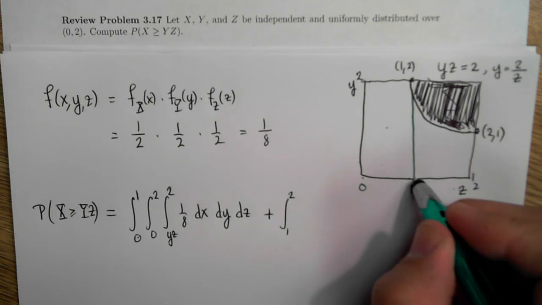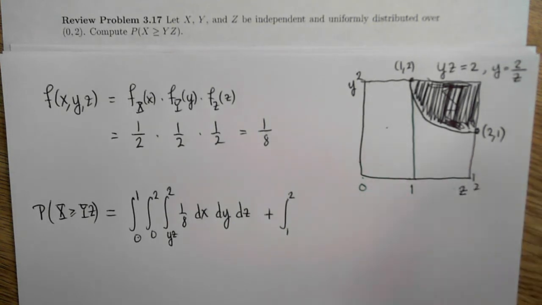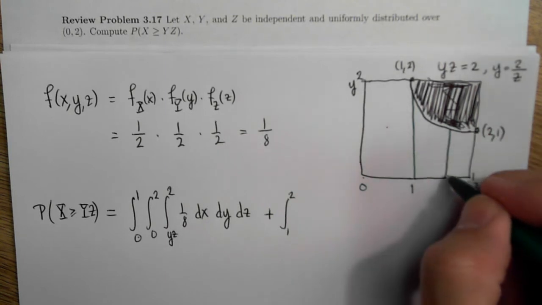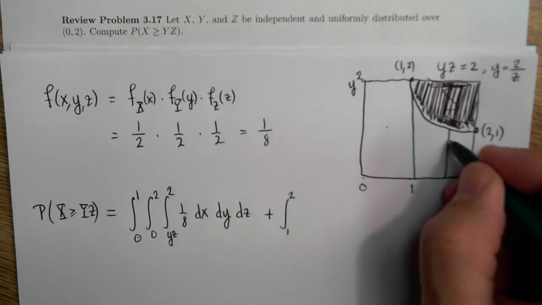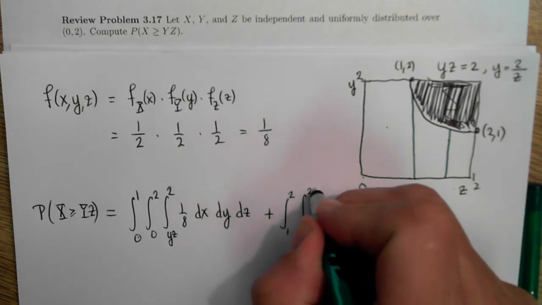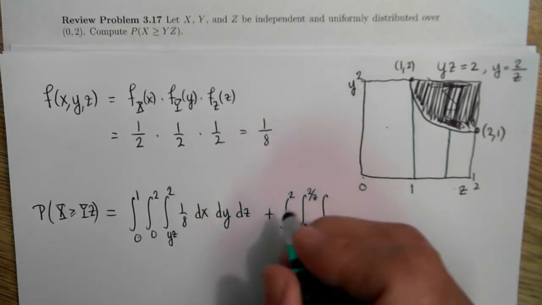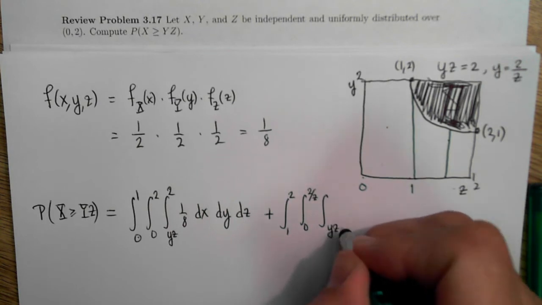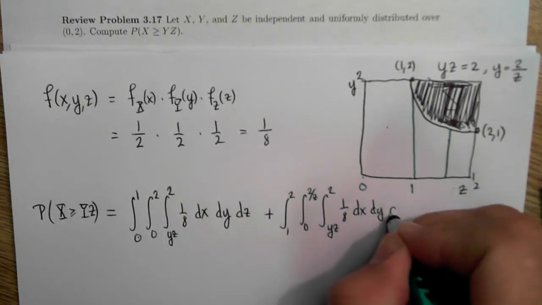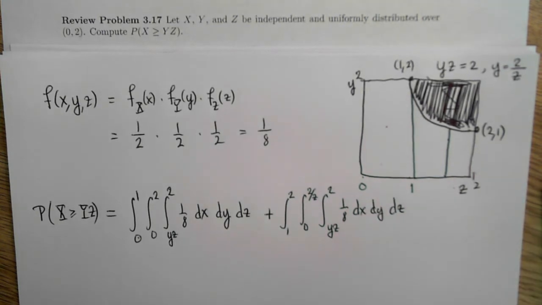If z goes from 1 to 2, then the cut on the y-axis is going to go from 0 to 2 over z. And then finally, the x-coordinate must go from y times z to 2 as before, 1/8 dx dy dz. So that is the setup for the two triple integrals that I must compute in order to compute this probability.